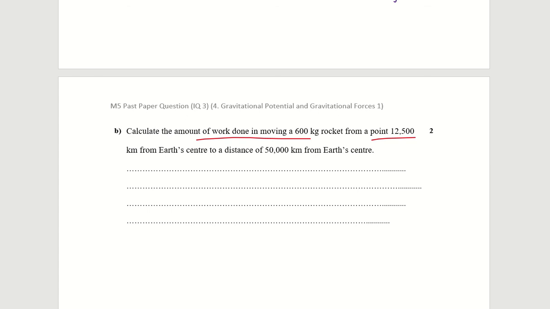Okay, so we know that the work done would be equal to the change, in this case, in gravitational potential energy. If we want to find the change, we can write GM over the final radius, minus GM over the initial radius that we have here. So that's what we're going to be doing.